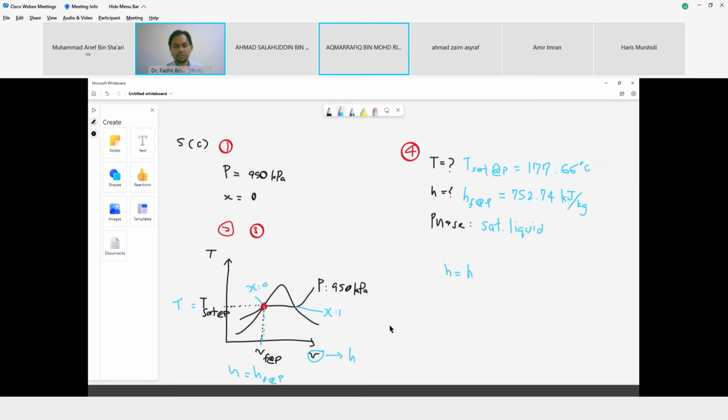H sama dengan HF tambah X HFG. Betul tak? HF berapa? 752, right? 752. Sama. F ni kosong kan? Okay. Sama. Kan?